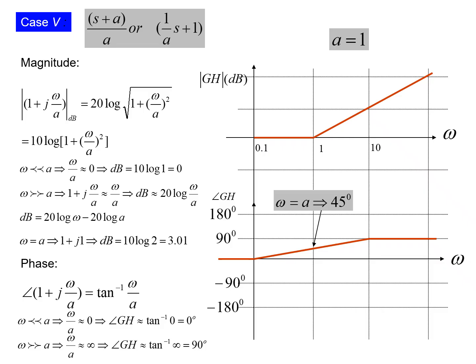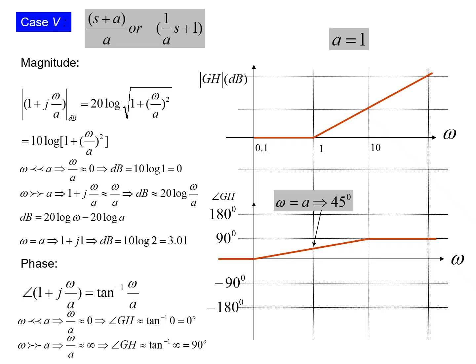And then for omega equal to a, it is 1 plus j 1, the angle of G(s) is tangent inverse 1, it is 45 degrees.